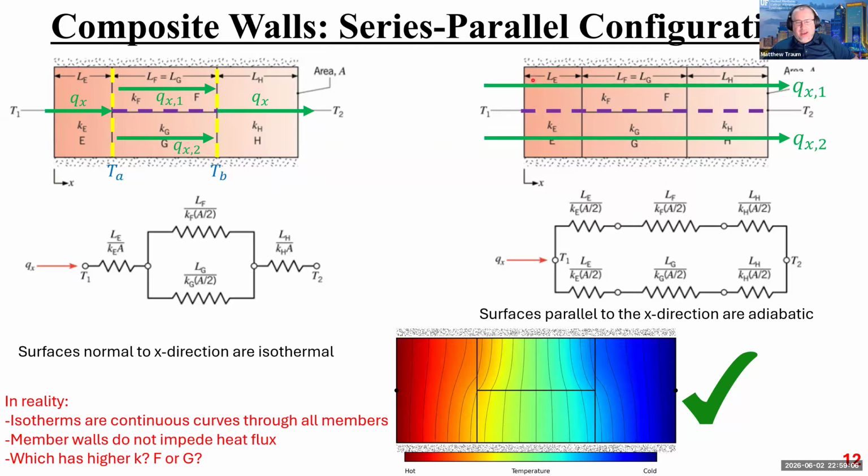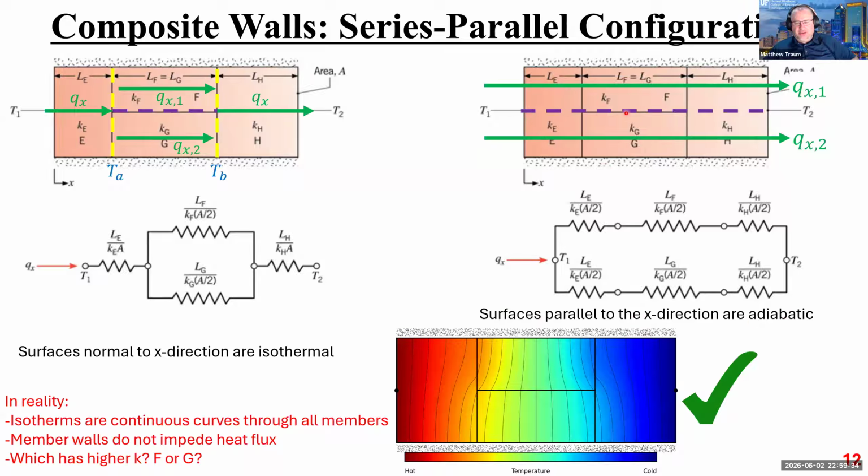And I'm going to say, okay, it's constant temperature here at T1, constant temperature here at T2, and I'm not going to let any heat transfer between the top side and the bottom side, Qx1 and Qx2, as soon as it's traversed into E, right? It's just going to travel all the way through without any heat transfer. And so that's this circuit analogy here. So this is the one where we have surfaces parallel to the x direction that are adiabatic, right?